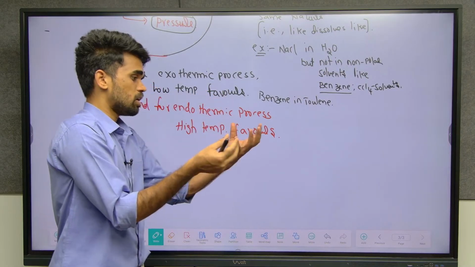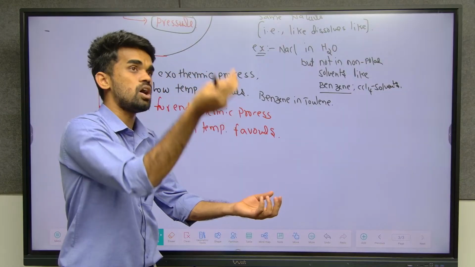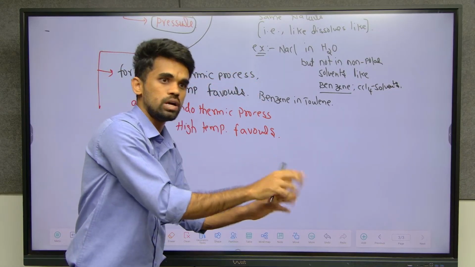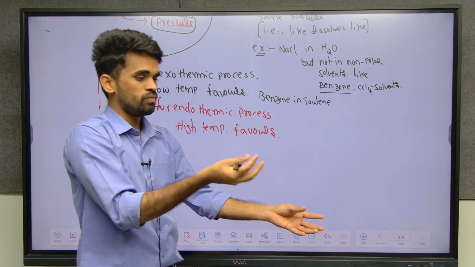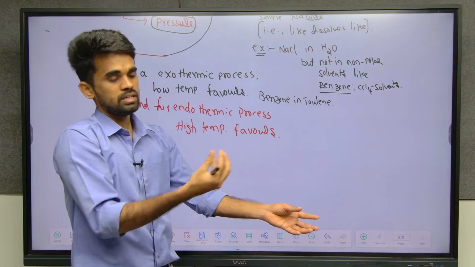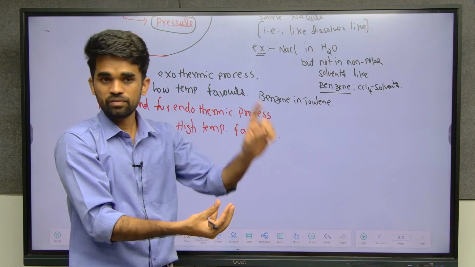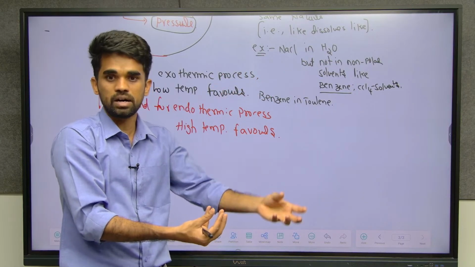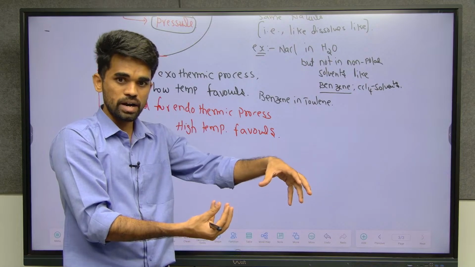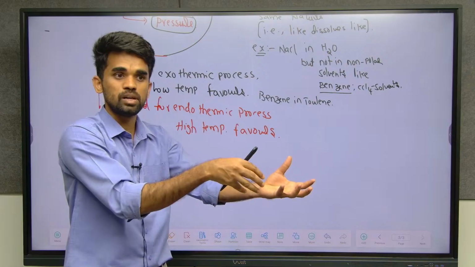Because in the colder regions, the oxygen levels in the water will be more, because oxygen can be dissolved more in colder region. So if there is more oxygen in water, fish and aquatic life can easily take the oxygen from the water, like that they can survive. But in hot summer areas, they will struggle to take the oxygen from the water, because in summer areas the water becomes warm. So the amount of oxygen dissolved will be less.